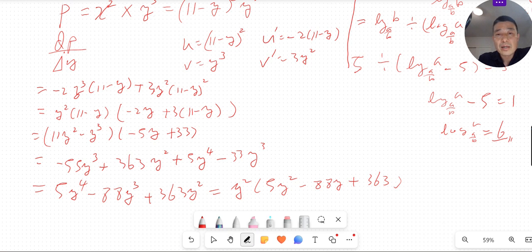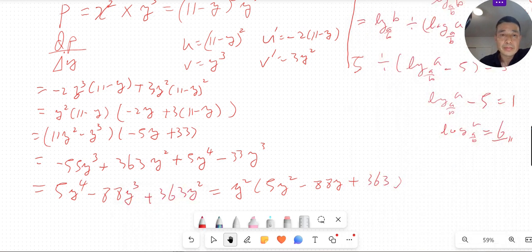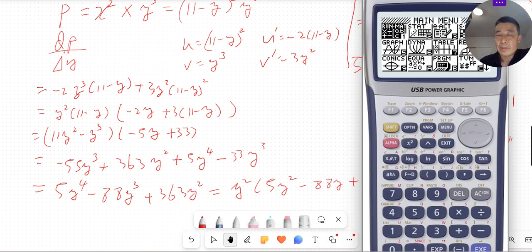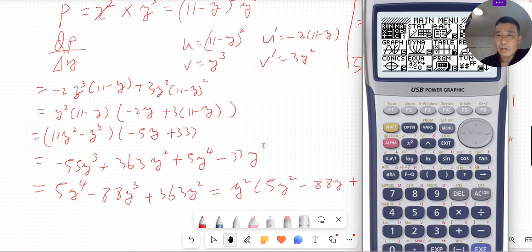Once you find the y, then x is easy because the relationship between x and y is, add up to 11. So this is a perfect time to use a calculator, right? So I'll show you. I'm sure you guys know. Menu, equation.